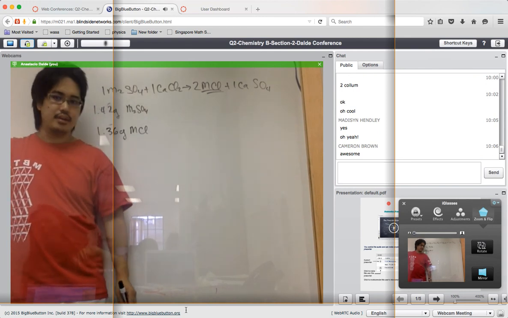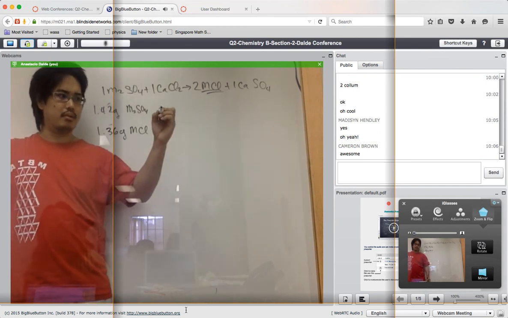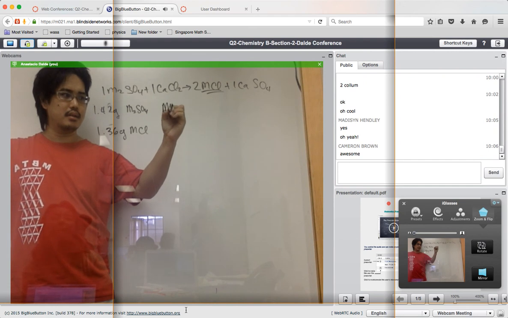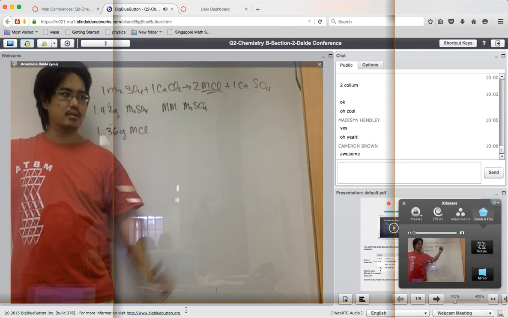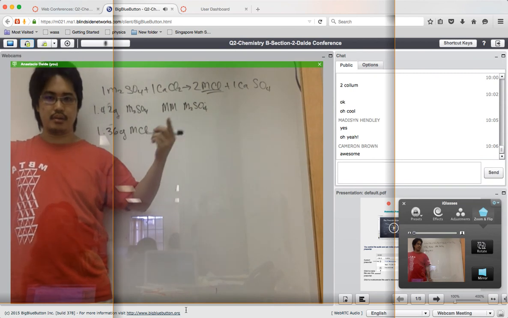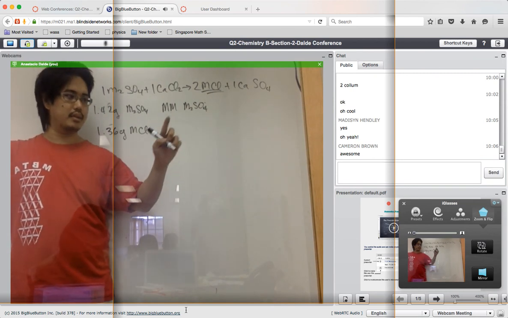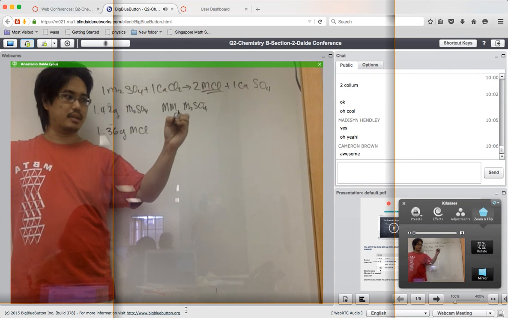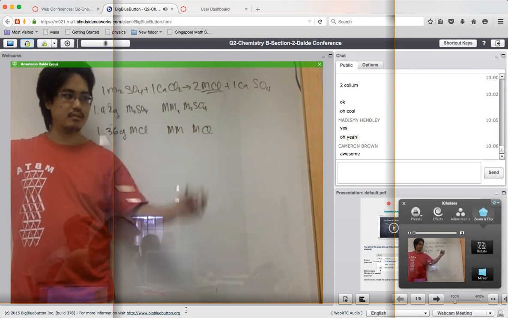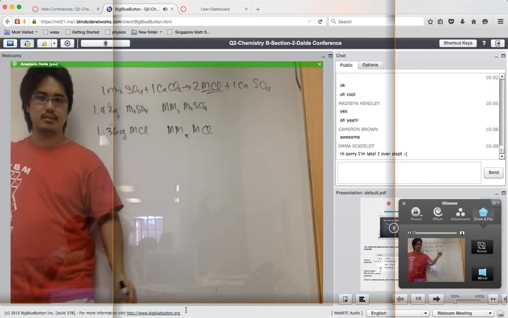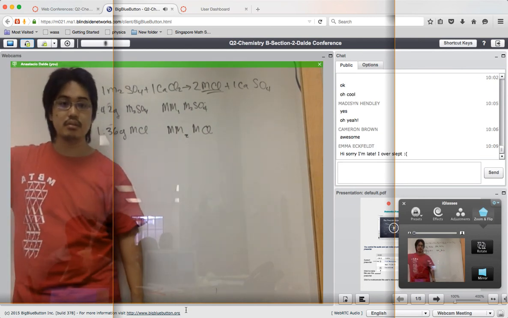If I knew the molar mass of M2SO4, I don't know it, but let's say what happens if I knew it? So we'll call this molar mass 1, and if I knew the molar mass of MCl, we'll call this molar mass 2.